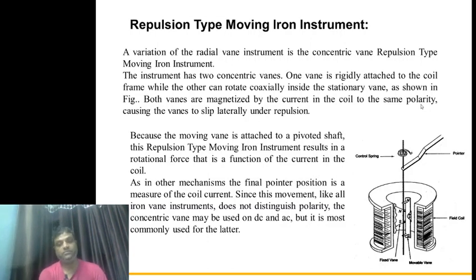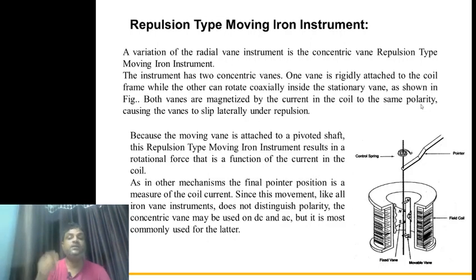Here one thing should also be clear: we are using the control vane, and we are using damping. All three forces are available: control force, displacement force, and damping. What they explain is how to create the displacement force, because the control force is created by the spring and its principle is the same, so it is not discussed here, because we already know the control forces. Similarly, damping also occurs because eddy current is present. Due to the coil, eddy current is present in the system. It means the damping force is also present.